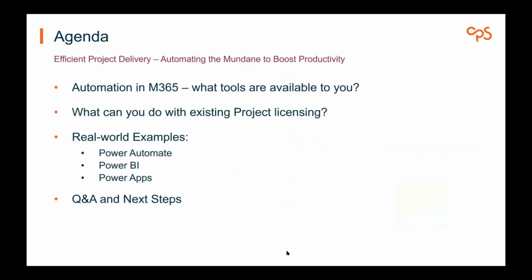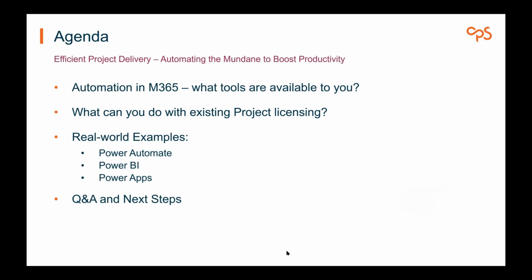So what are we going to cover today? We're going to cover automation in Microsoft 365. What tools are actually available to you and how can they be used to extend your work management tools? We're going to look at Project for the Web licensing and how that licensing can cover you to extend. Are you able, with your current licensing SKUs, to push your productivity forward?